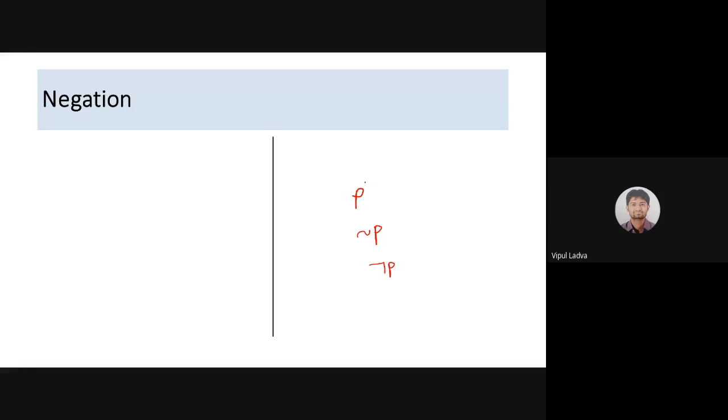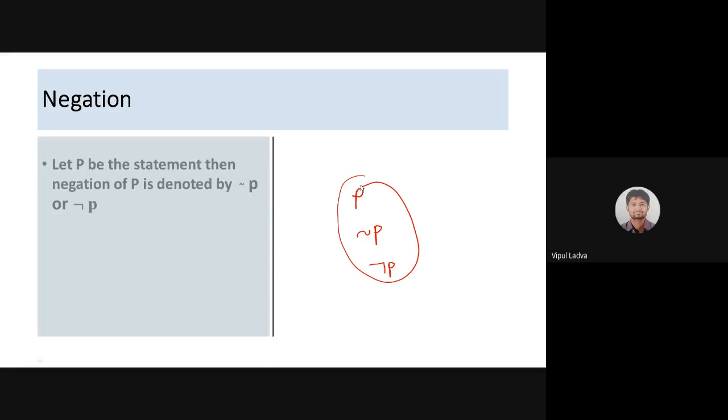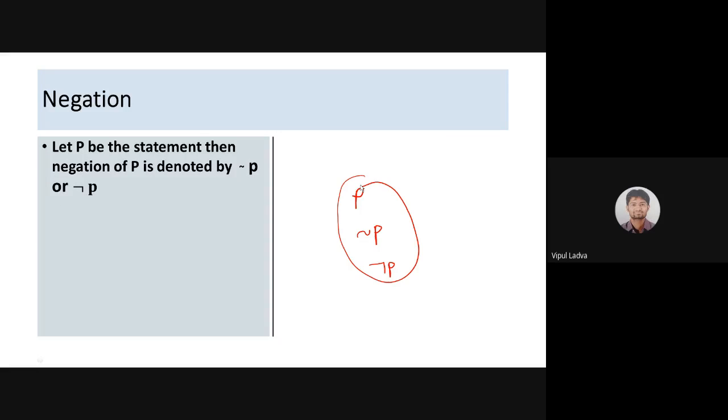So we are quite good with the negation. What does negation mean? Let P be the statement, then the negation of P will be denoted by ¬P, or a similar kind of notation.